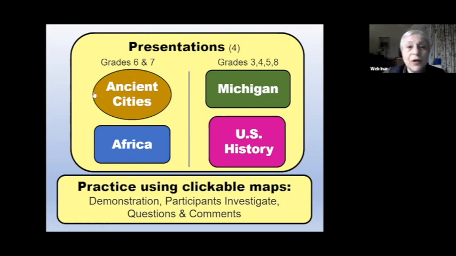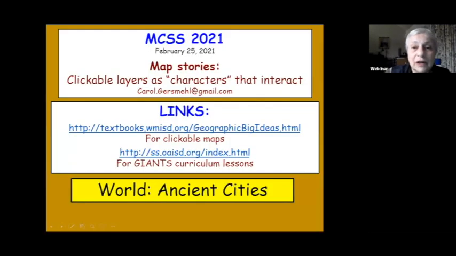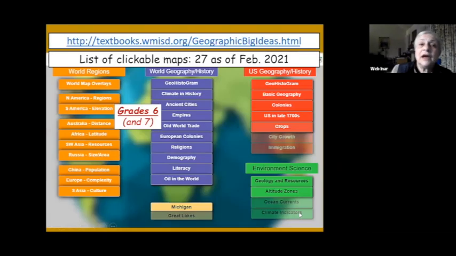Okay. So I'm going to start with the first map, and this is about ancient cities. There are 27 clickable maps available.